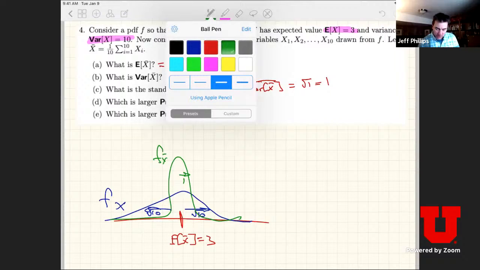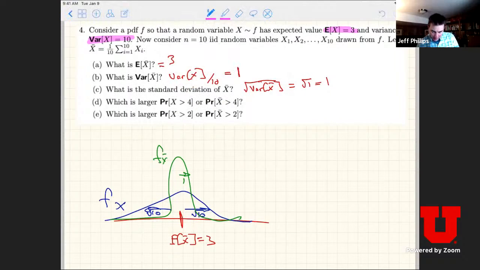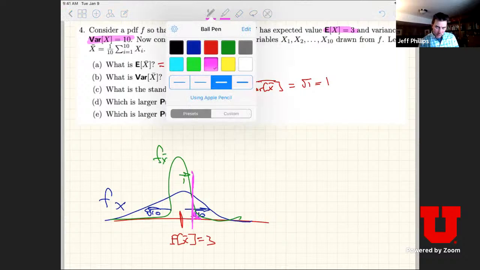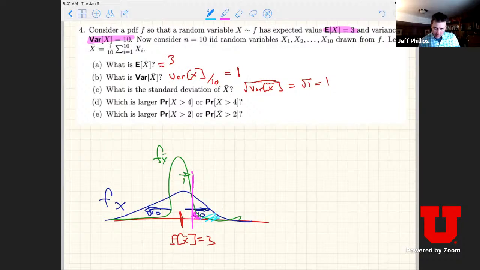And so now the question is asking, let's look at the probability that it's greater than 4, right? So the probability that x is greater than 4 and the probability that x bar is greater than 4. For x bar, it's going to be this region, and for x, it's going to be this bigger region, right? X has more of a tail, and so we have to assess, is this talking about the tail? And we're talking about the tail. The tail is bigger here.